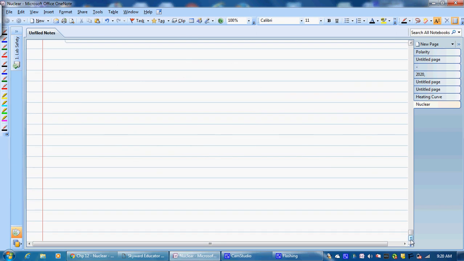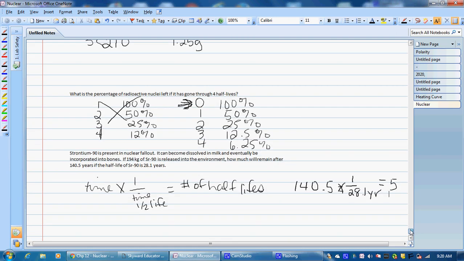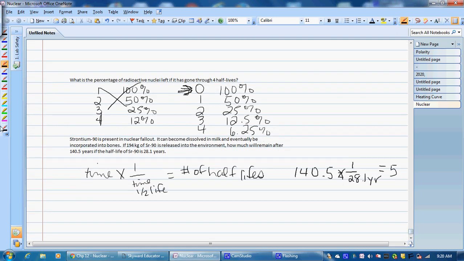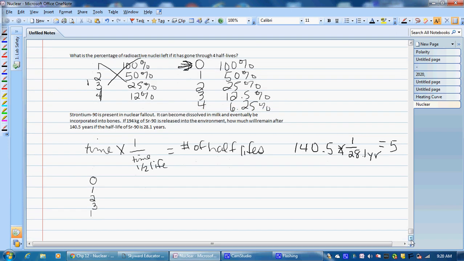Okay, so if we look here, we're going to have to start, sorry you guys, we're going to have to start at 0, and we're going to go through 5 half-lives. So 0, 1, 2, 3, I don't have enough room, 4 and 5, and then again at 100% we're going to have the amount that they give us.